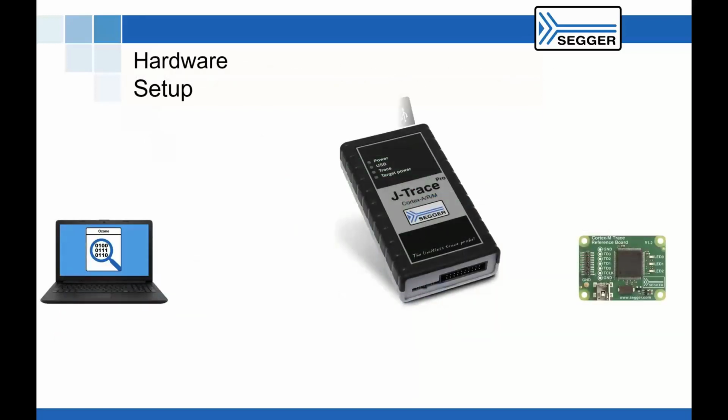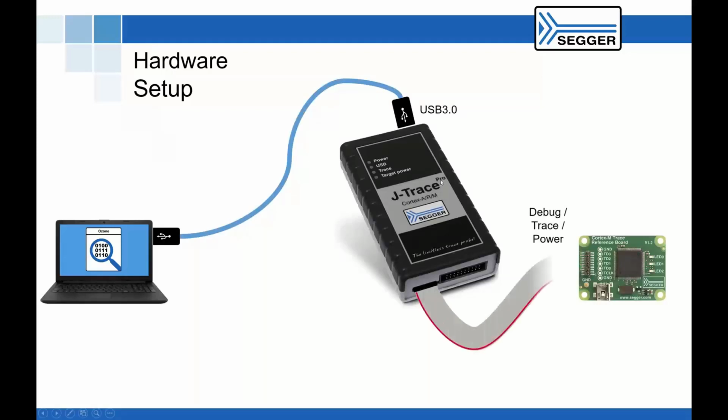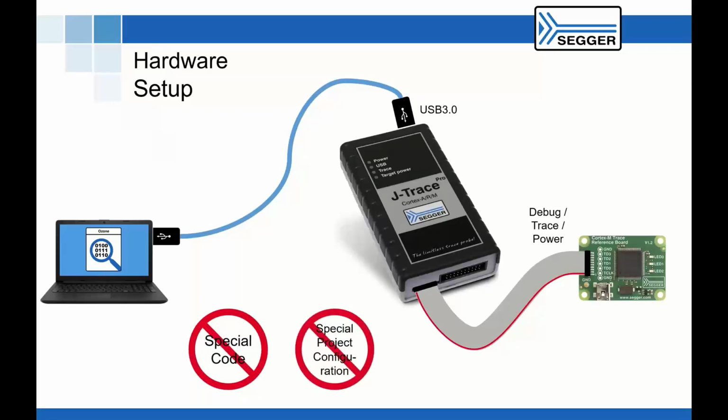So my hardware setup, that's sitting here on my desk. I have my JTrace Pro, and that's connected through USB 3.0 to my host computer, which is running Ozone. And then I'm connected to my target board through this ribbon cable. And so that gives me my debug information, my trace information, and also I'm actually powering this board through my JTrace, so I don't have any additional power to the board here.